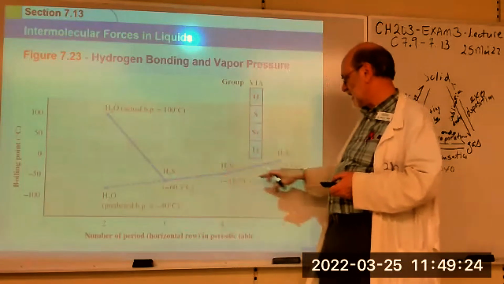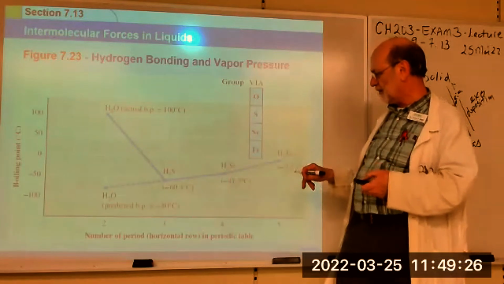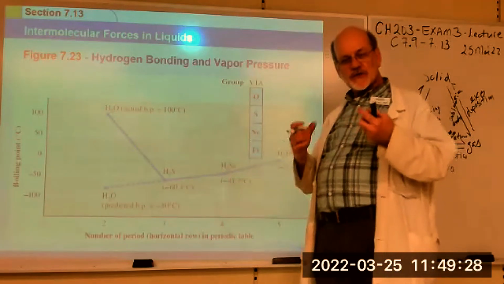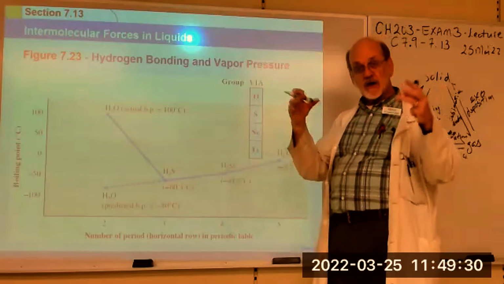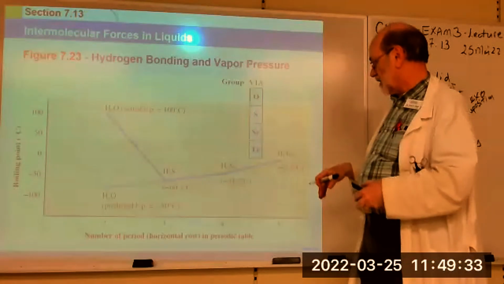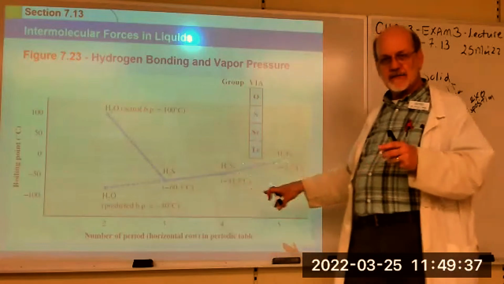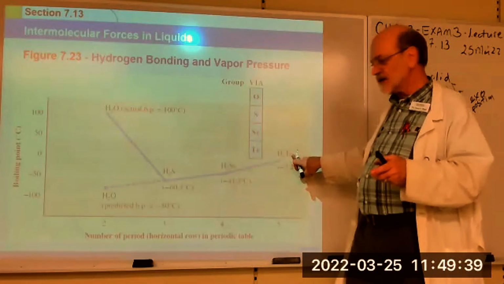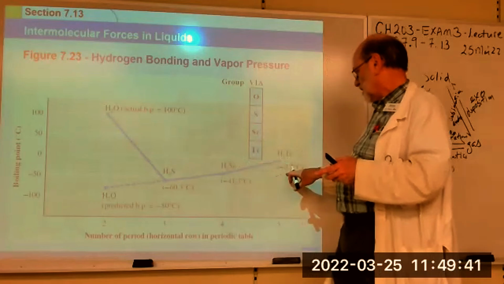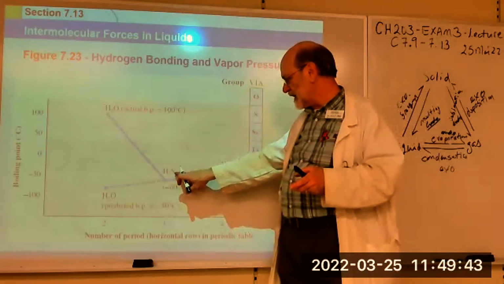Sulfur smaller than selenium, selenium smaller than tellurium. So what you're seeing is, as the molecules get smaller, they can get closer together. Well, actually, the electronegativity matters here. Tellurium is not as electronegative as selenium, and it's not as electronegative as sulfur.